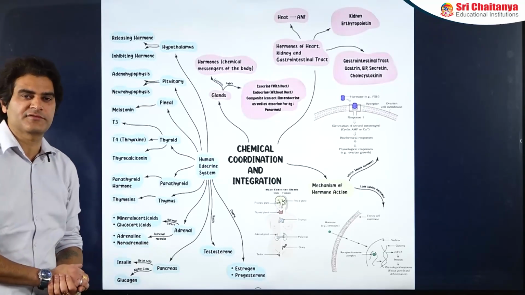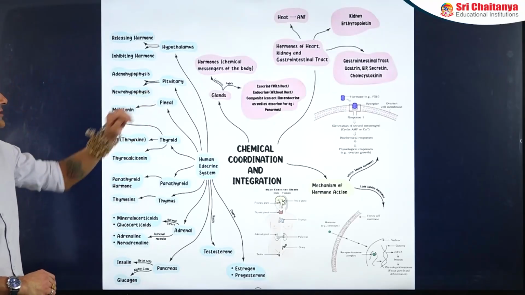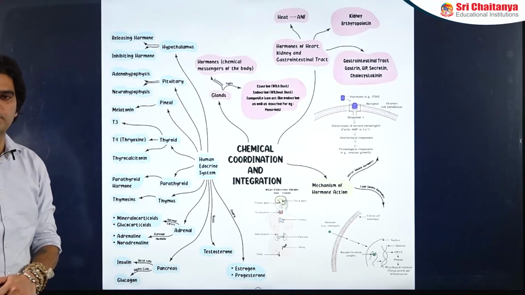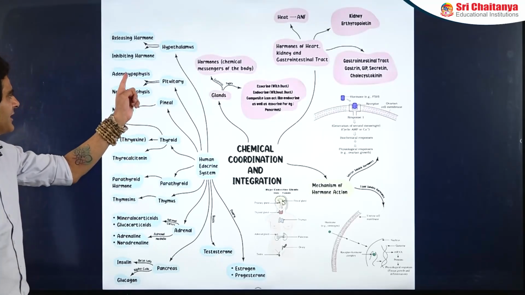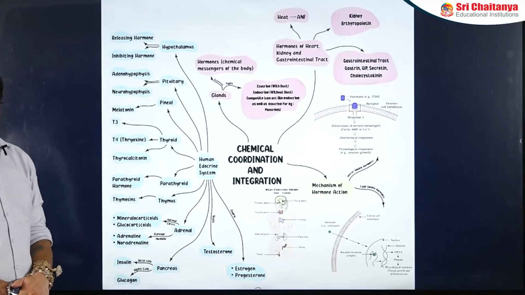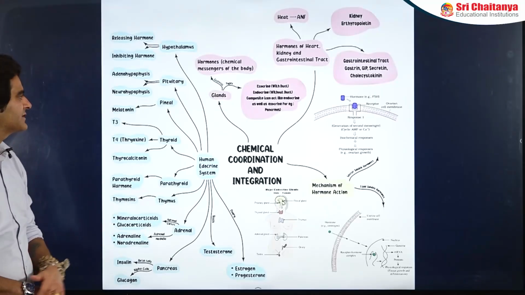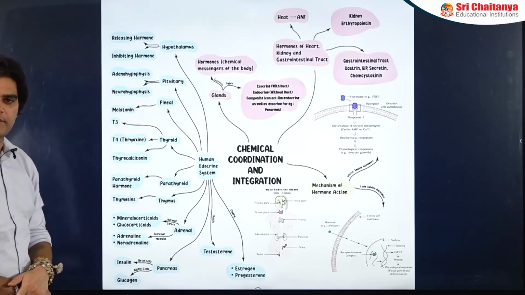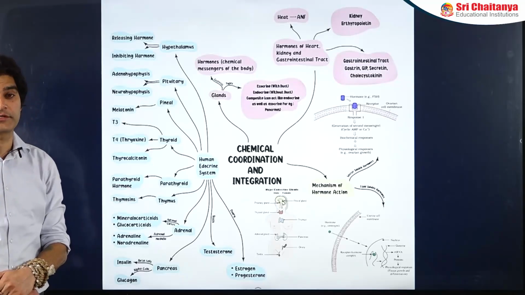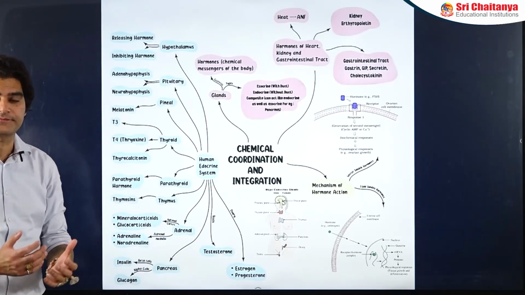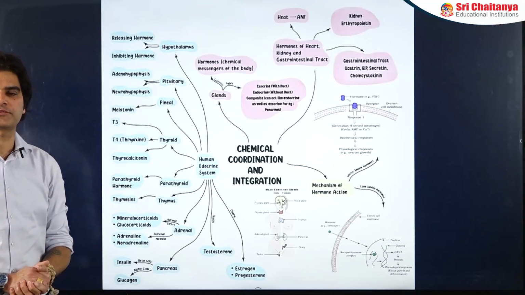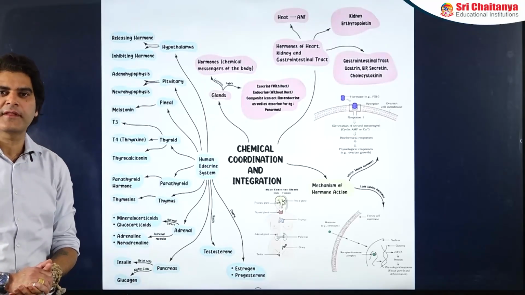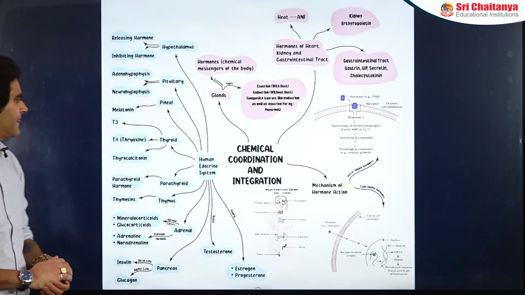We will come to this further also in this chapter. Then pituitary gland. Pituitary gland in the human body is divided into 2 parts, adenohypophysis and neurohypophysis. We will discuss the diagram for this. Pineal gland produces melatonin. Melatonin is the hormone that regulates our day-night alternate changes in the body, which is called the circadian rhythm or the day-night cycle of the body.